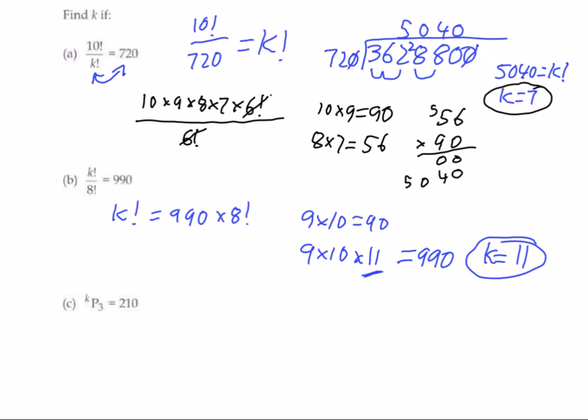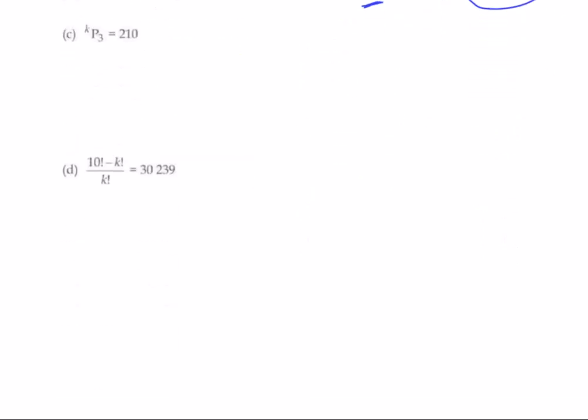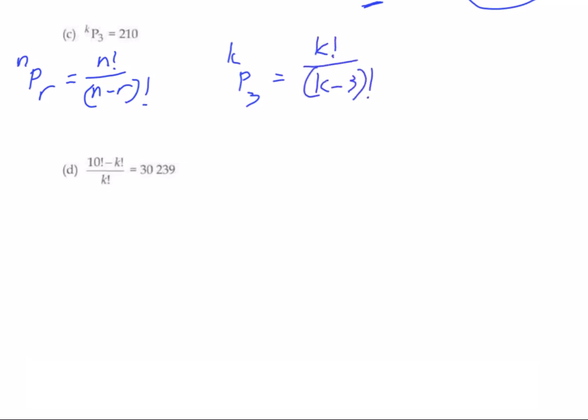For question C, a quick reminder of what the permutations formula looks like, and therefore what kP3 must look like. Now remember, we can eliminate the denominator by expanding out the numerator. So you change it from k factorial to just k, and you're multiplying by consecutive numbers that are smaller than k.